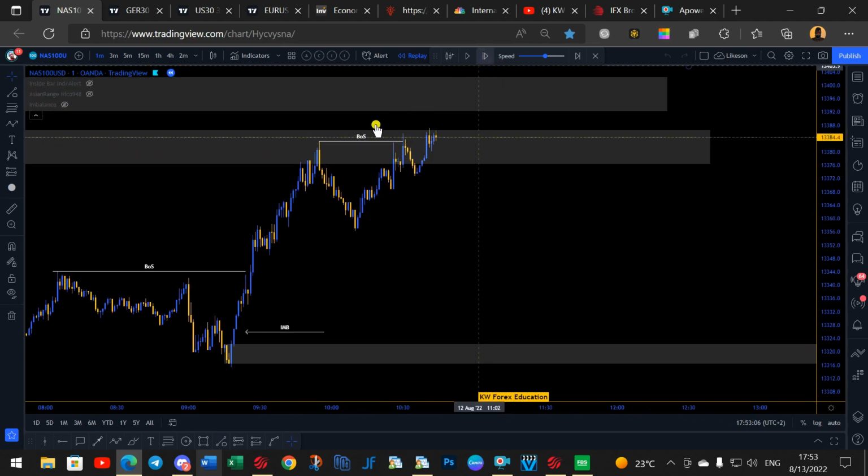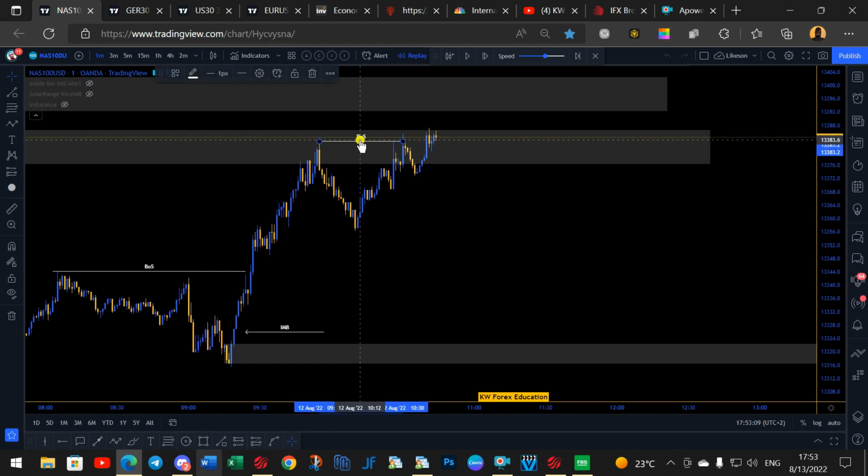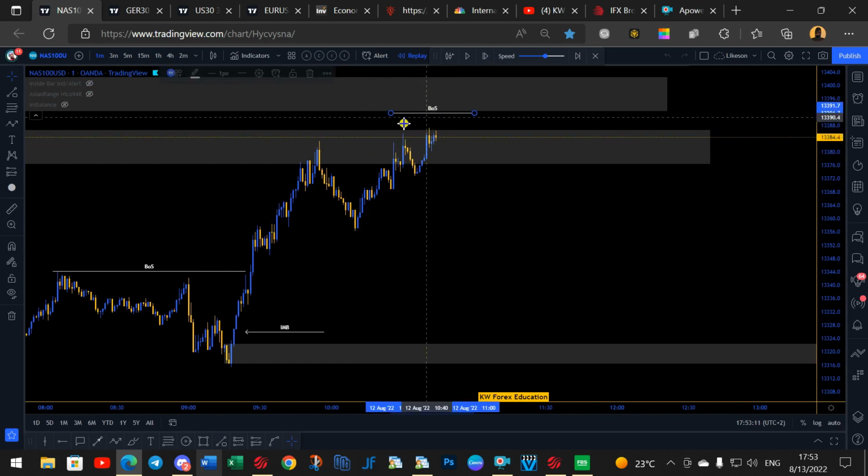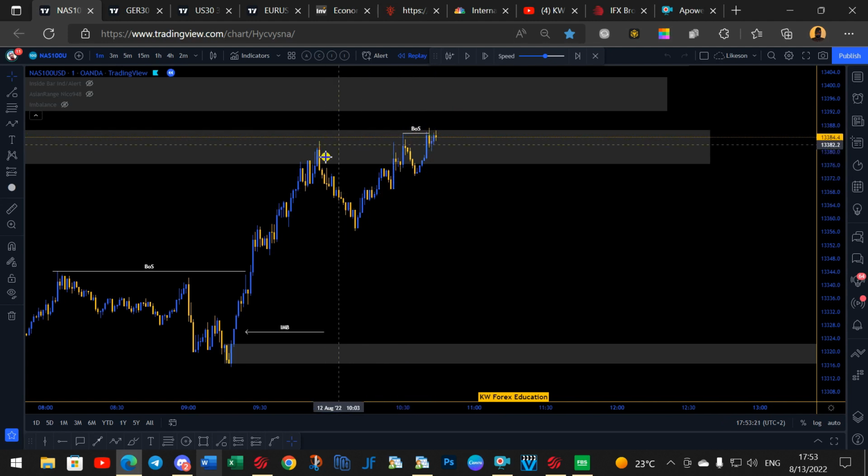So we've got a second break of structure. So we move that one here. We move it here. We move it here. We don't want to leave all the breaks of structure that we've been having. No, we just want to have that last break of structure that causes a change of character, right?